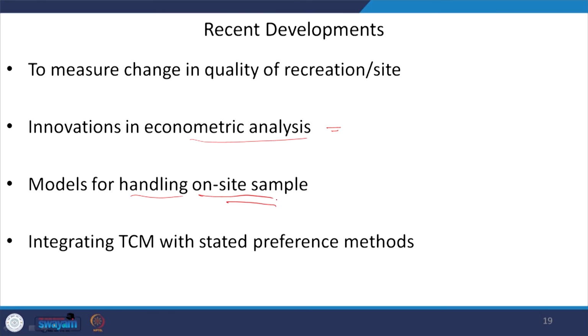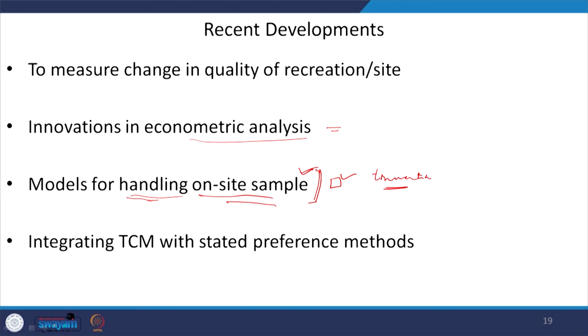That means, when the person is paying a visit to that site and you are taking his or her data, sampling this particular person on site, there are certain issues like the truncation problem, so how to deal with this truncation problem.